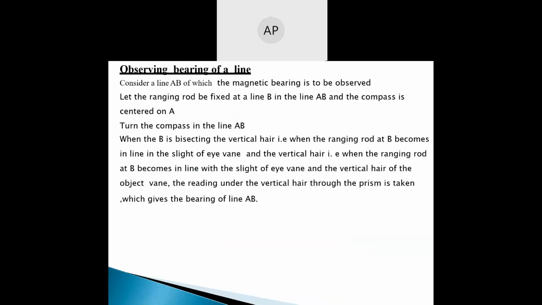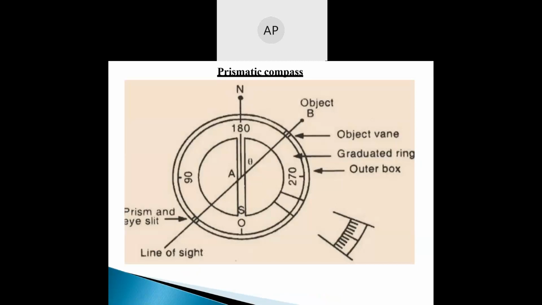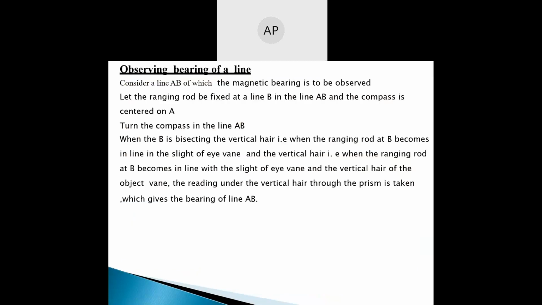Observing the bearing of a line. If you have to find the bearing of a line, that means the angle. Bearing means the angle. Suppose consider a line AB of which the magnetic bearing is to be observed.